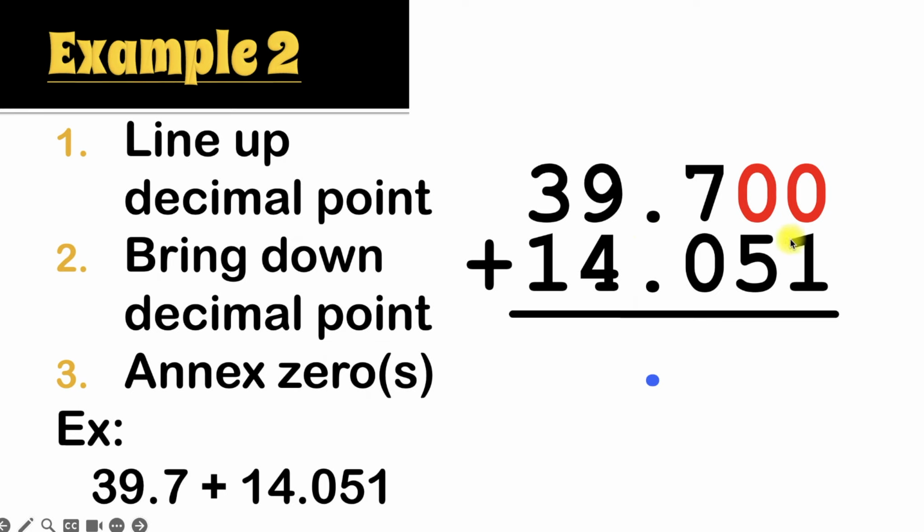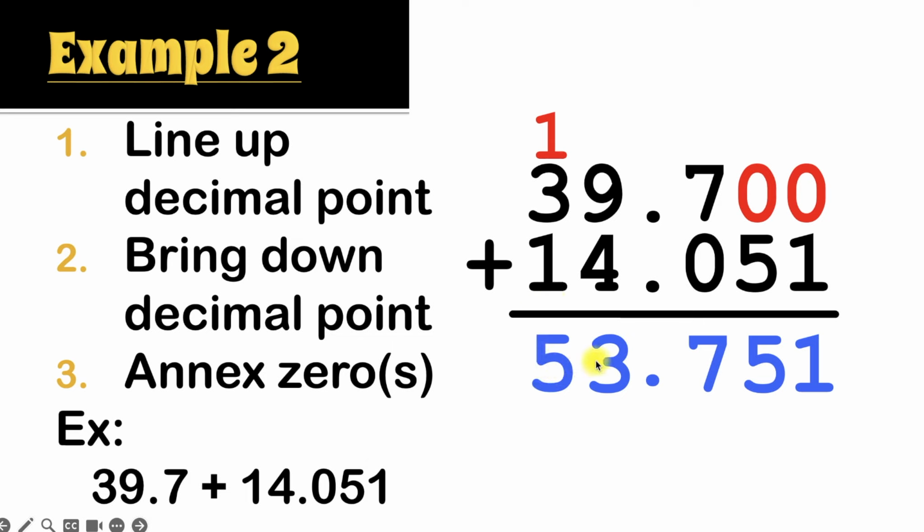Now that we're all set up, we can start our addition. 0 plus 1 equals 1. 0 plus 5 equals 5. 7 plus 0 equals 7. 9 plus 4 equals 13. So we'll bring down the 3 and carry the 1. 1 plus 3 equals 4. And 4 plus 1 equals 5.